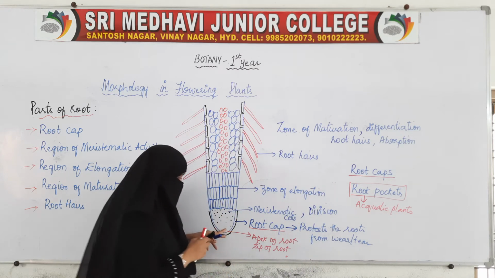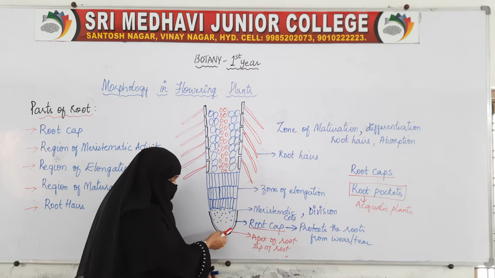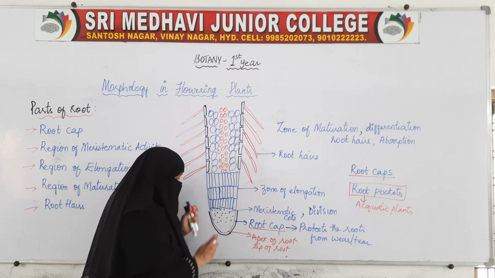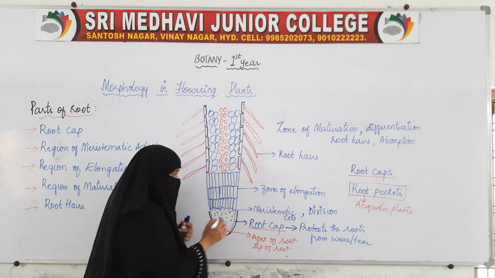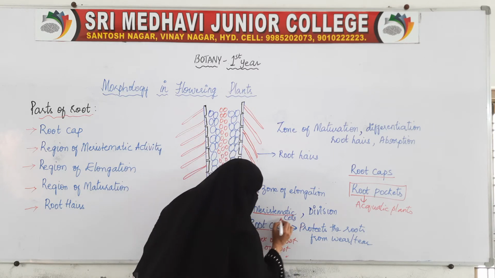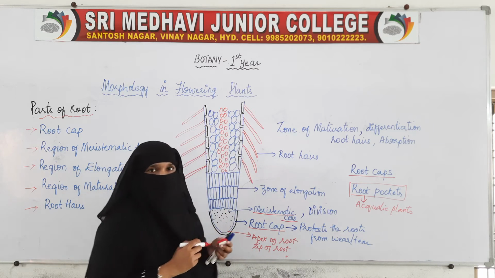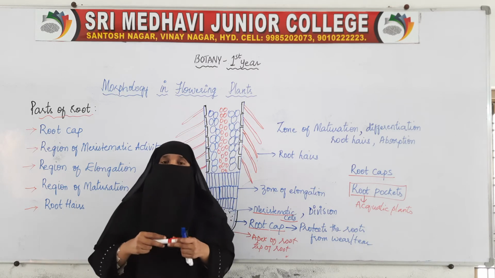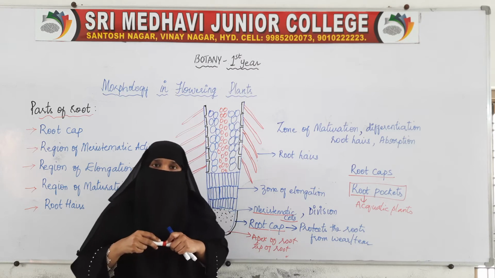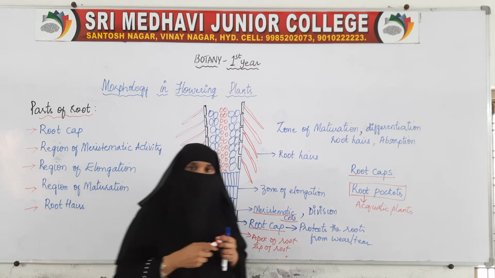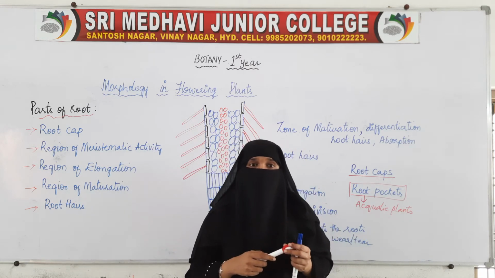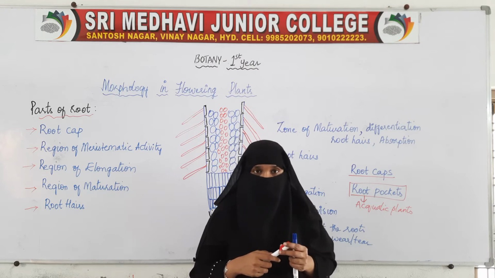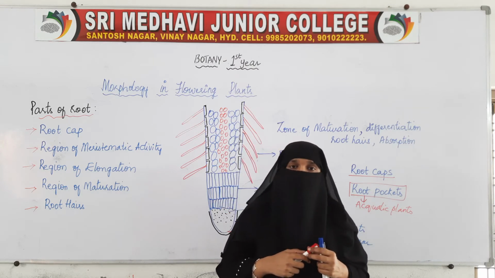Just above this root cap, that is just above this tip, we find small cells present. These cells are called meristematic cells. We all know what meristematic cells are. Meristematic cells are very fast dividing cells.